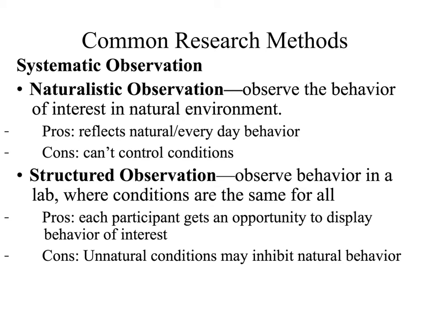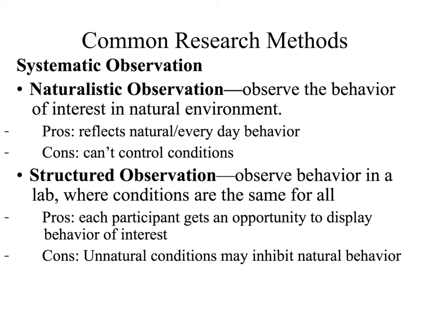In a structured observation, you observe behavior in a laboratory, which would allow you to examine everything in the same condition, as you would be able to control for a few of the things. If you were at a park and you want to see if a child is willing to share a swing with a stranger, and then the ice cream truck drives by, and then the child gives up the swing, it's possible that the child is not necessarily kind or nice.